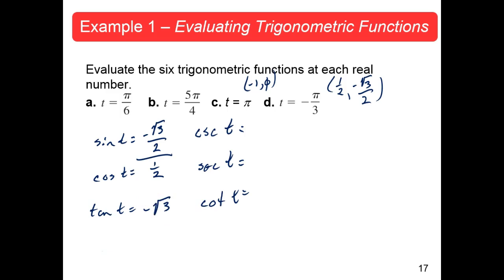But then what would cotangent be? Negative root 3 over 3. Negative 1 over root 3, which is the reciprocal of this, which to rationalize gives you negative root 3 over 3. Good. How about secant? What would that be? 2. And what would be cosecant of negative pi thirds? Give it to me in a simple way first, and then we'll change it.